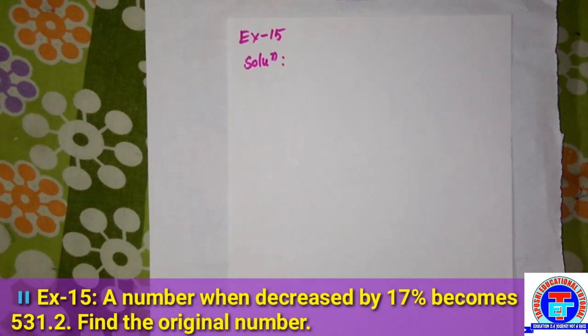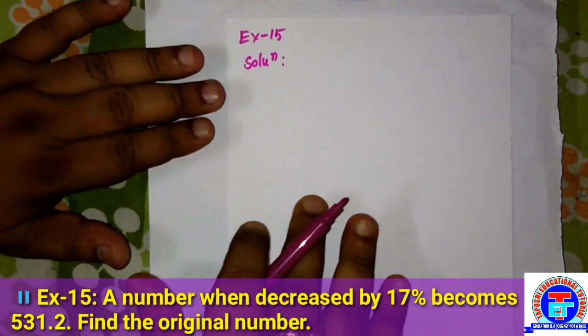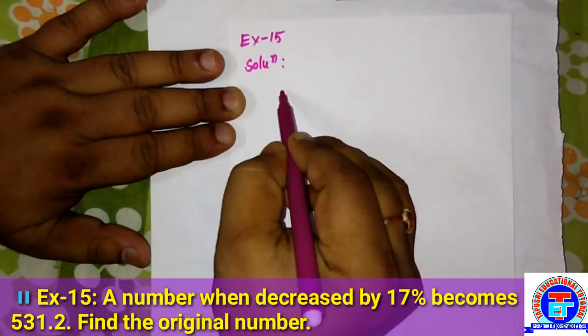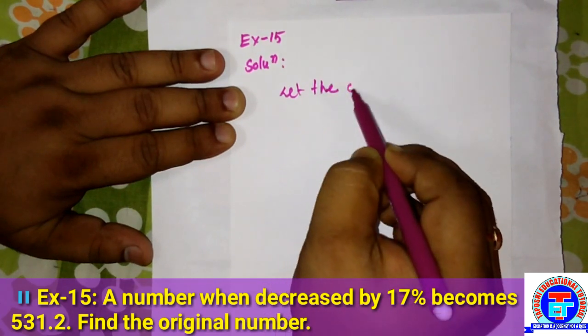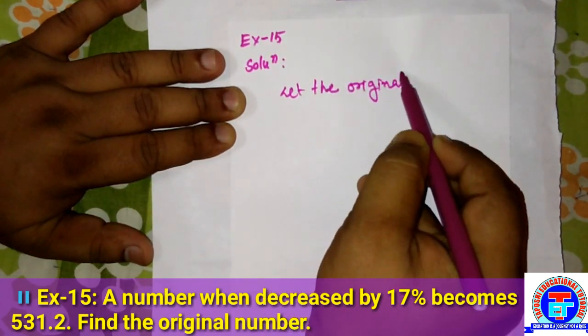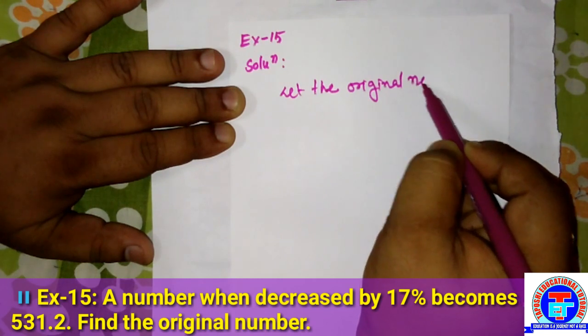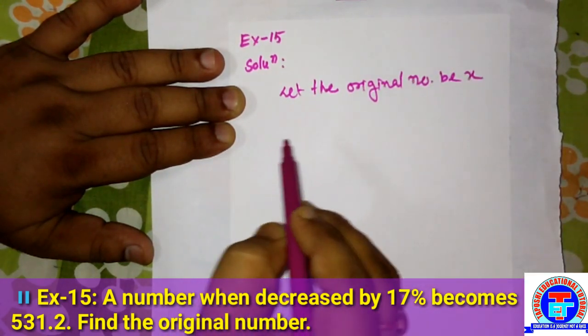Right. So the problem is here, a number when decreased by 17% becomes 531.2. Find the original number. Okay student. So let's find the solution. Right. The problem is here given. Now solution, let the original number be x.